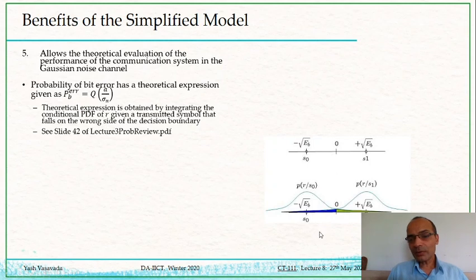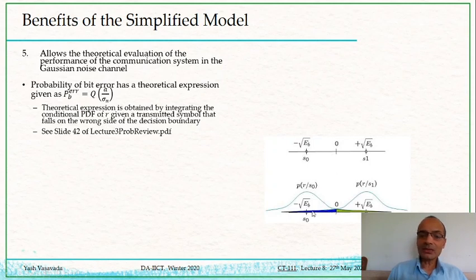The overall probability of error is the average of these two probabilities. But remember, these two probabilities are identical. You can see that by the symmetry of this diagram. Blue and the green have the same area.